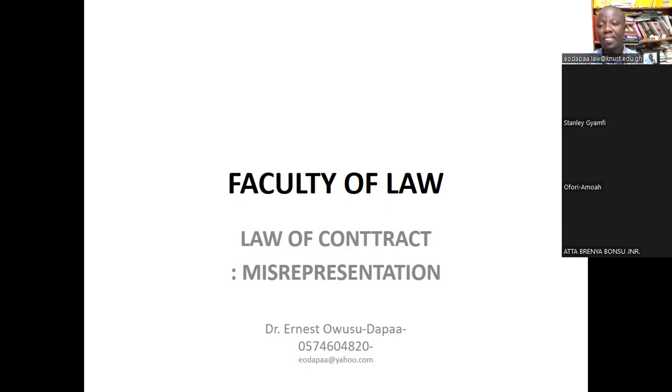The offeror made the offer understanding it in a certain sense, and then the offeree purported to accept the offer in a different sense. And because they have a fundamental misunderstanding about what was being offered and what was being accepted, the case law will say that the parties were not ad idem, or they were at cross purposes. A very typical reflection is the case of Raffles v Wichelhaus.